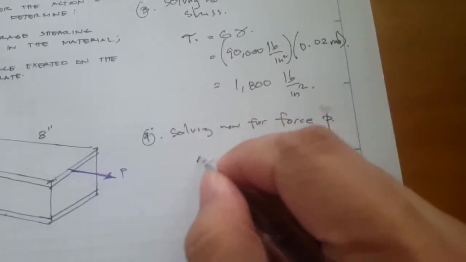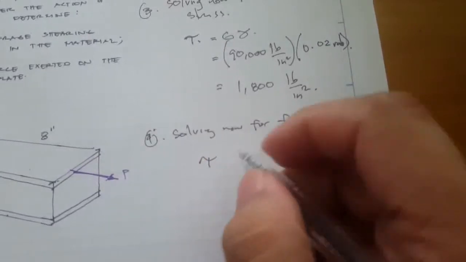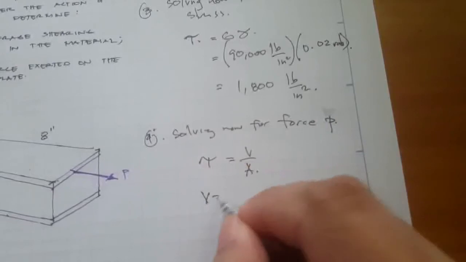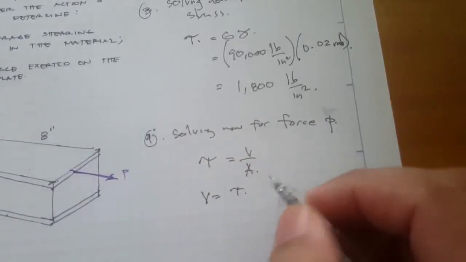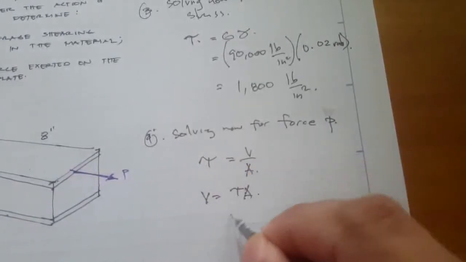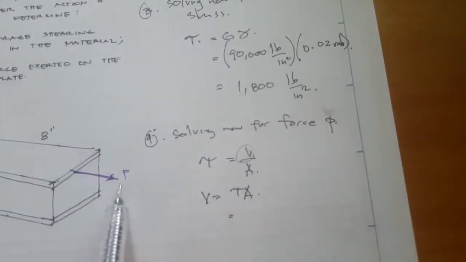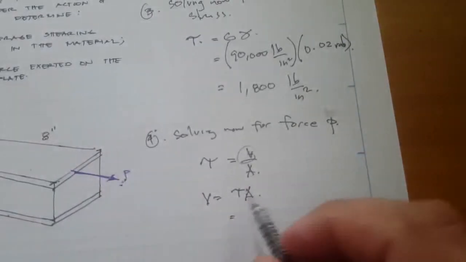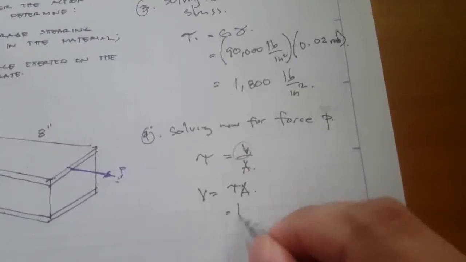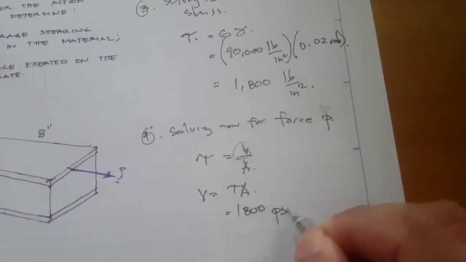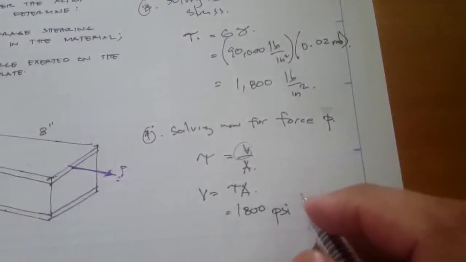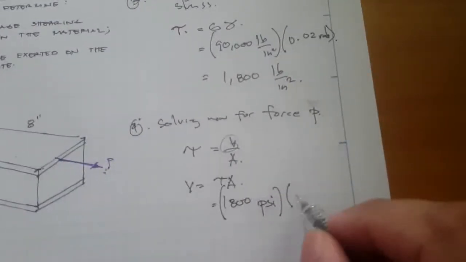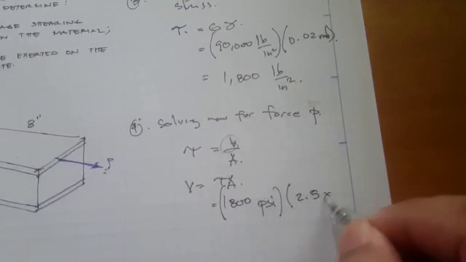Okay, so here's our equation. The shear stress is equal to V all over A. So V is just simply the shear stress times the area. And take note, this V is the P. And the shear stress is 1,800 psi, times the area of 2.5 by 8.